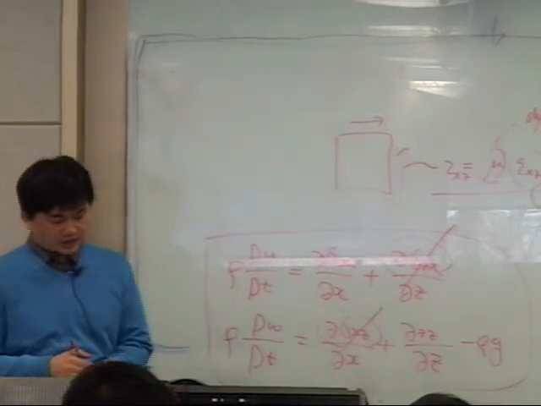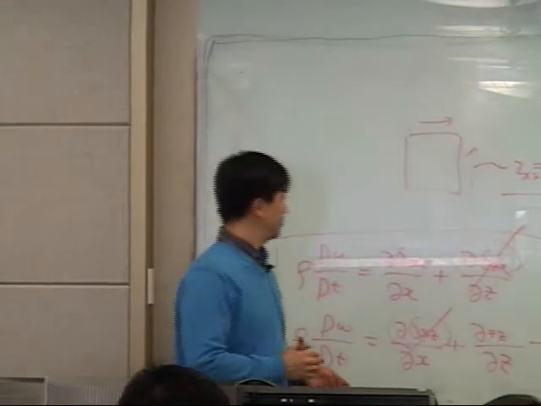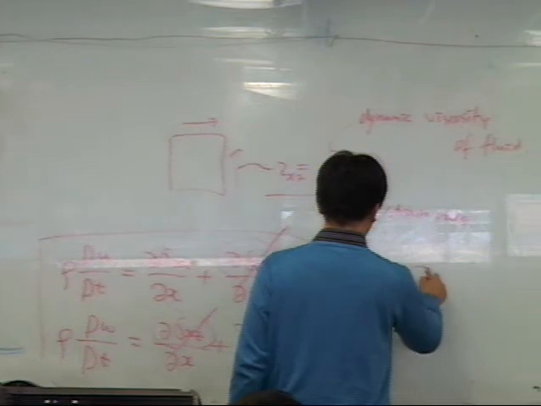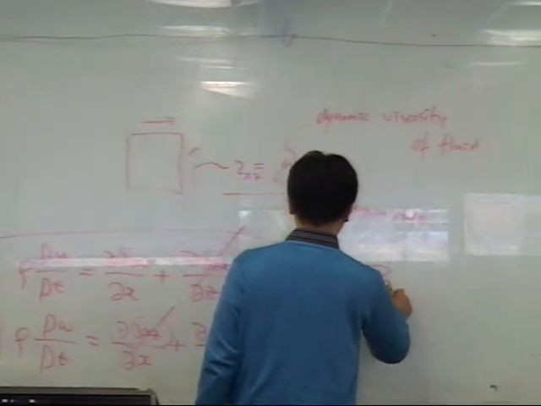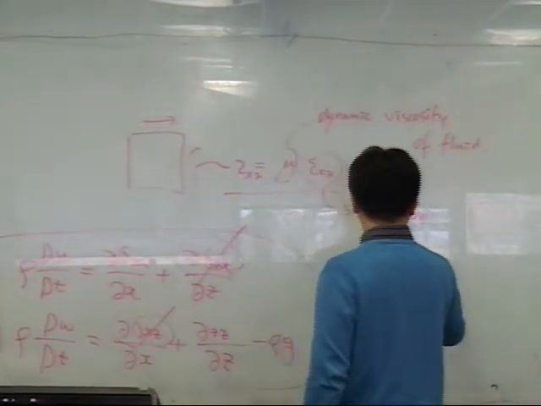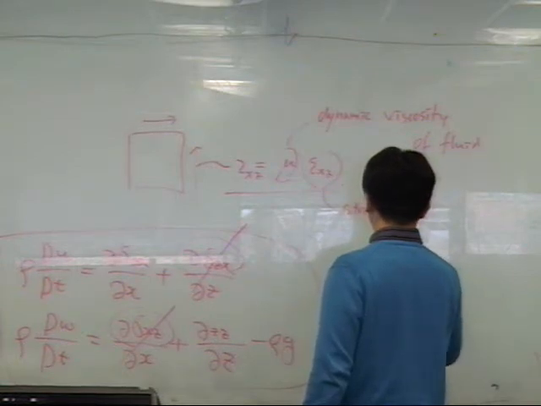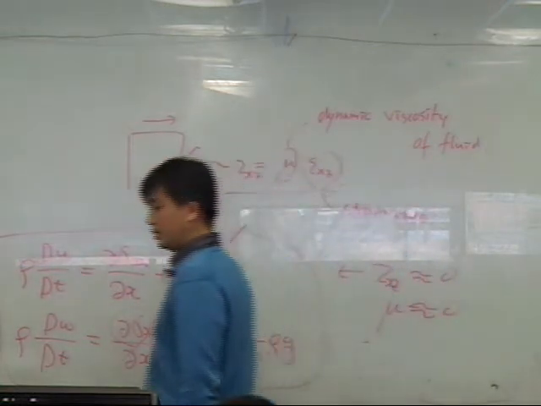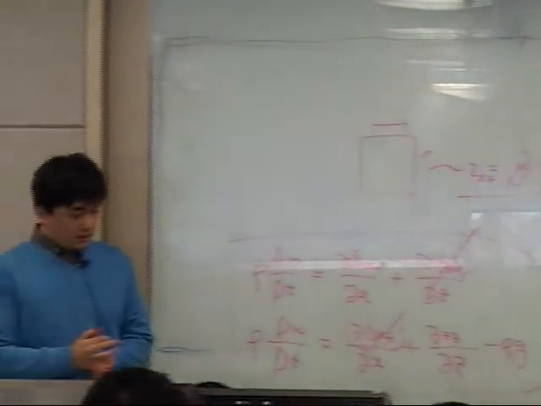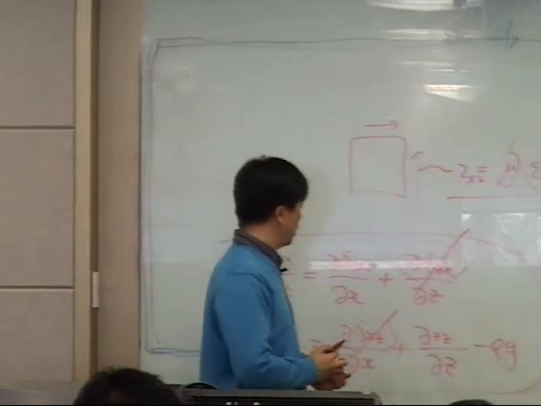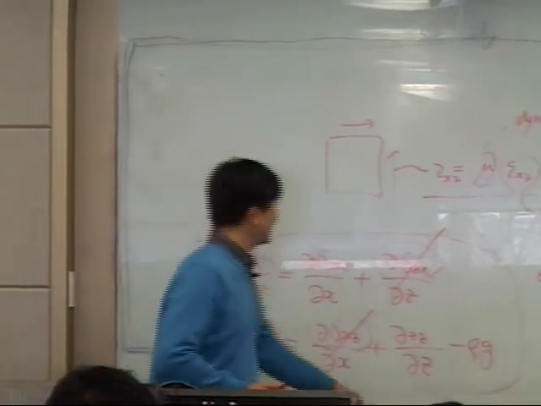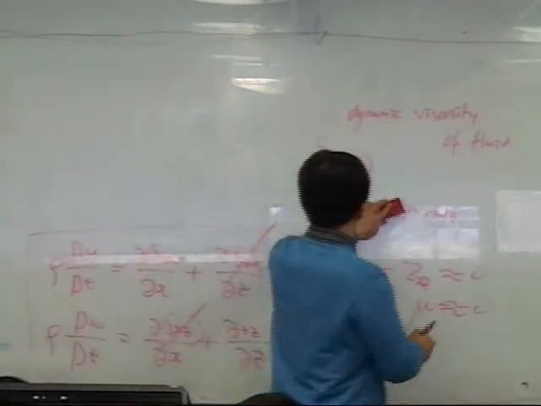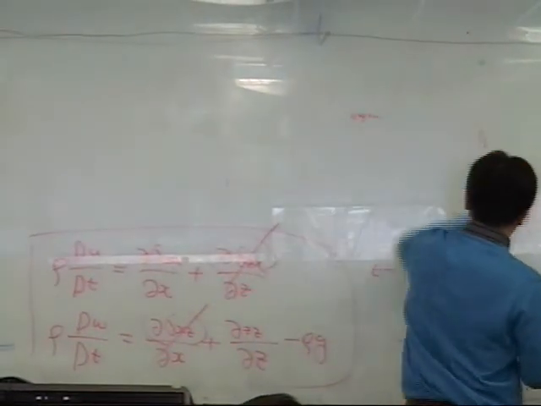Okay, then our equation becomes, so we assume tau xy is 0. It means the viscosity is 0. Okay. Then we are going to have much simplification. Much simplification. Okay.